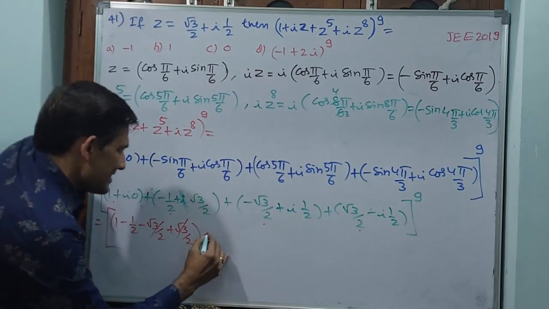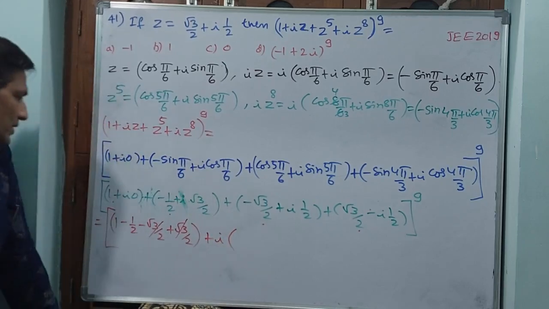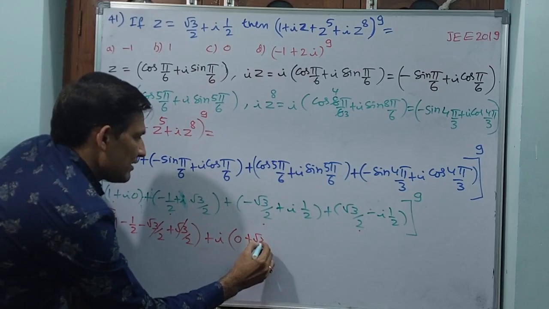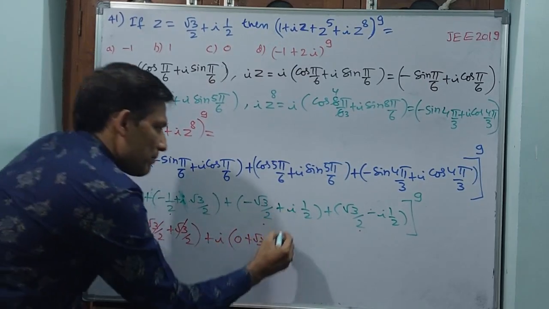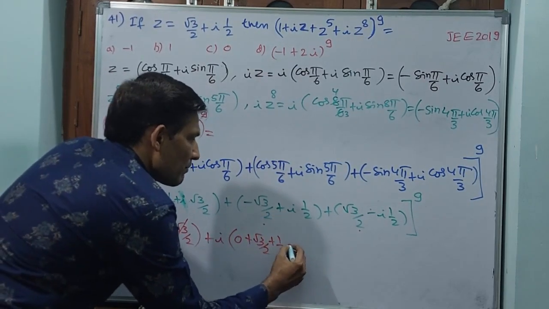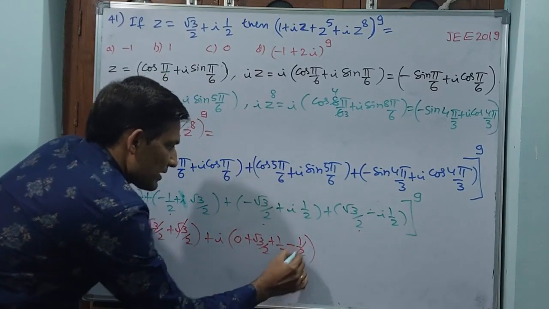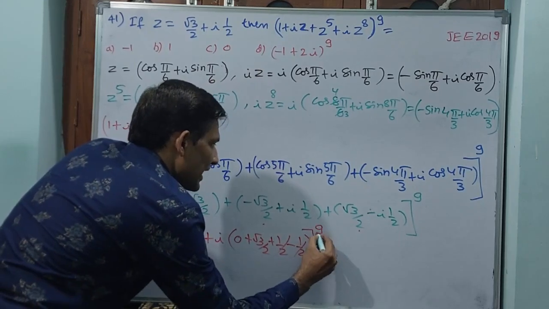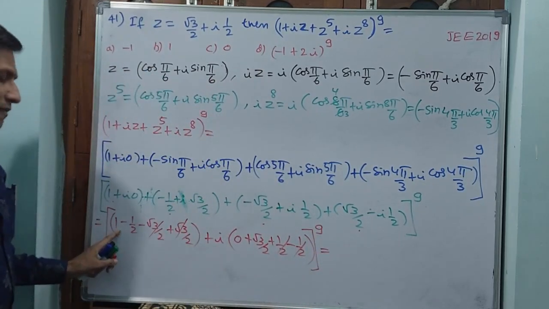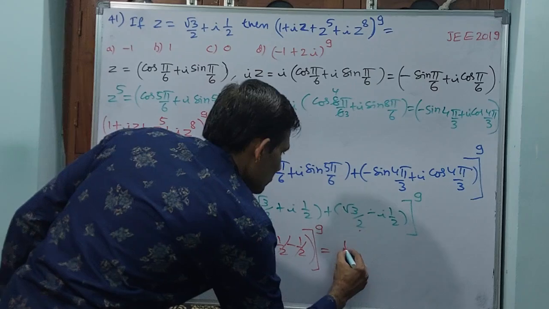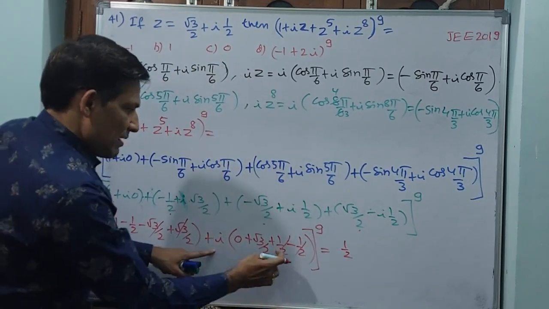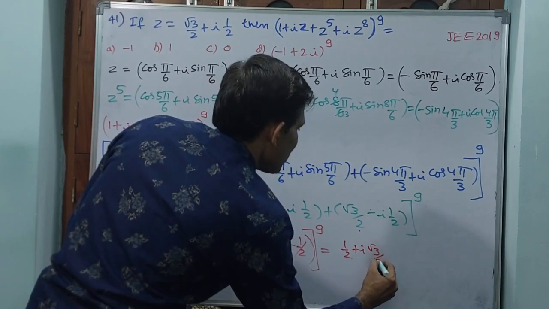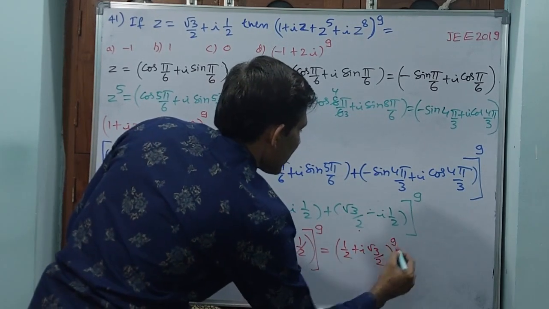Plus i, 0 plus root 3 by 2 plus 1 by 2 minus 1 by 2 get cancelled, only root 3 by 2 will be there. That is 1 by 2 plus i root 3 by 2, whole to the power of 9.